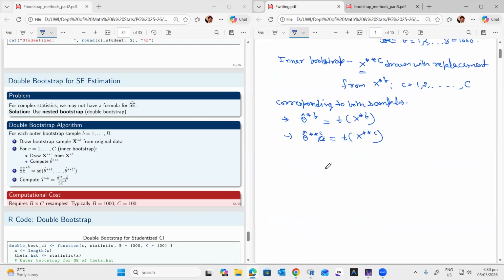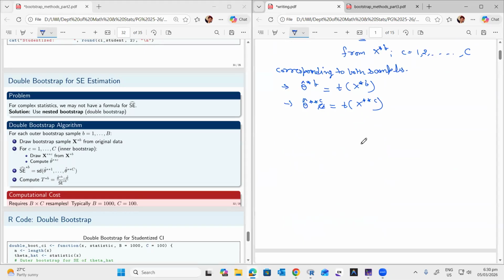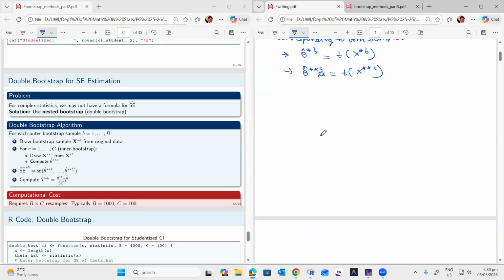So basically, what you need to do: we had the original sample earlier, x1, x2 up to xn.